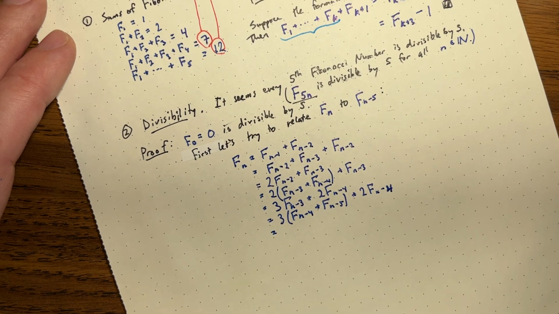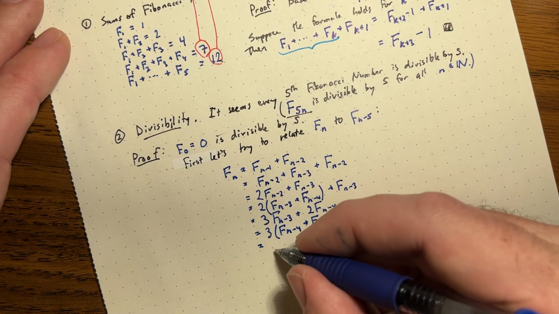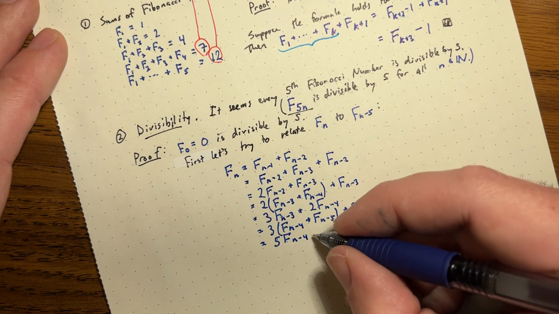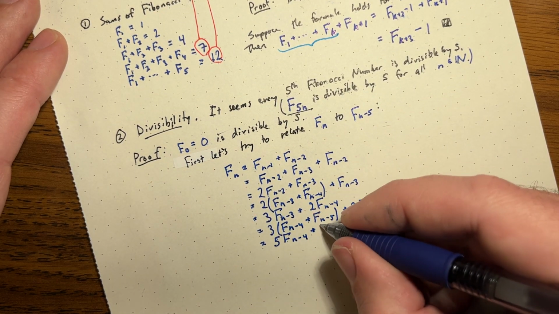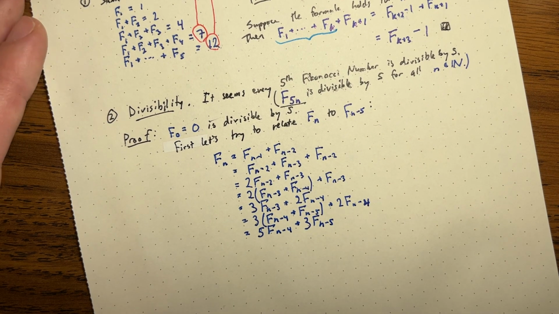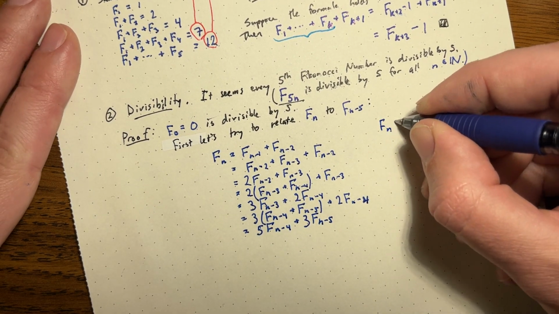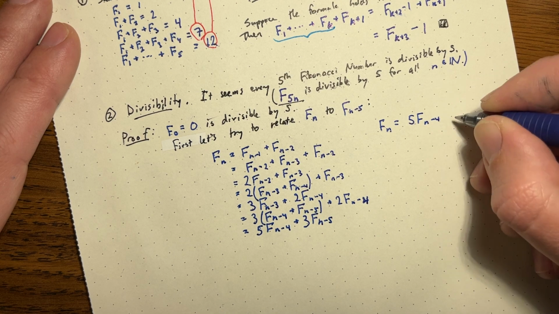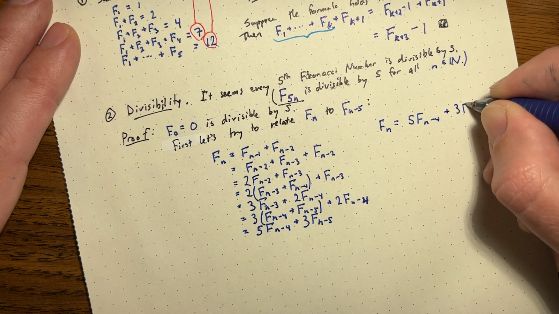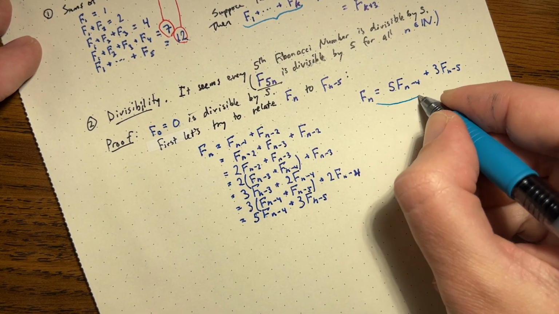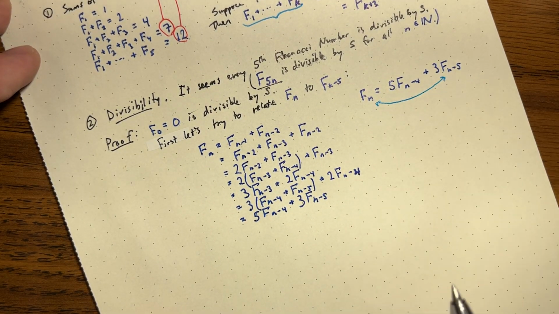And what do we have in total here? So we've got 5 times F of n minus 4 plus, I think, 3 times F of n minus 5. So we found that F of n is 5 times F of n minus 4 plus 3 times F of n minus 5. So we've made a link between F of n and F of n minus 5, and this might be very useful.